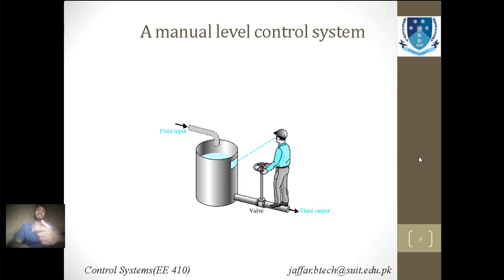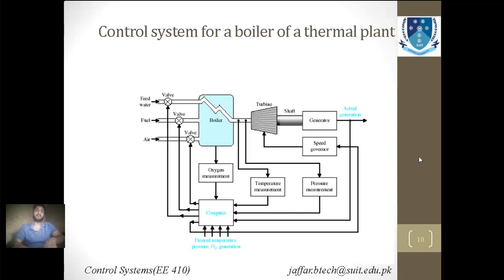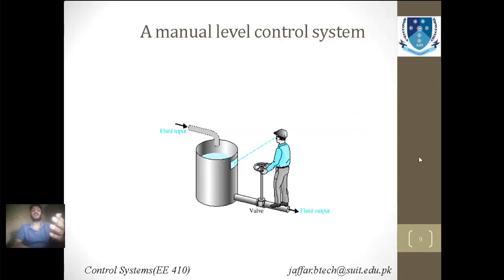You see the man is staring at the tub, so that he can judge whether to open the valve or whether to close the valve. The man is controlling the output, and he is also taking input from his eyes.